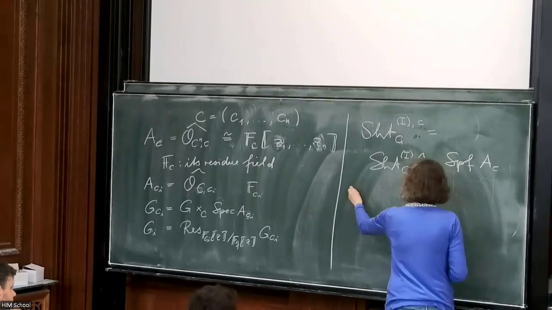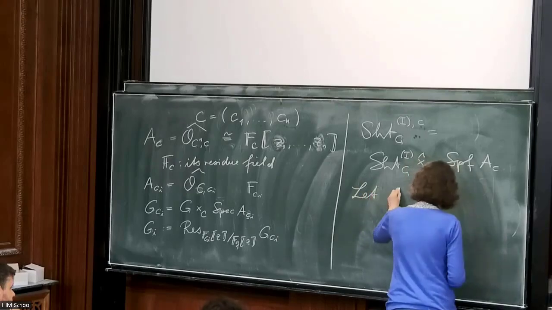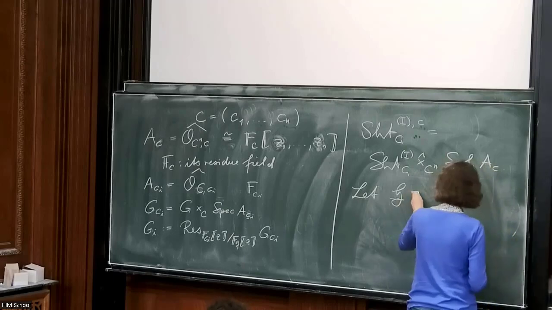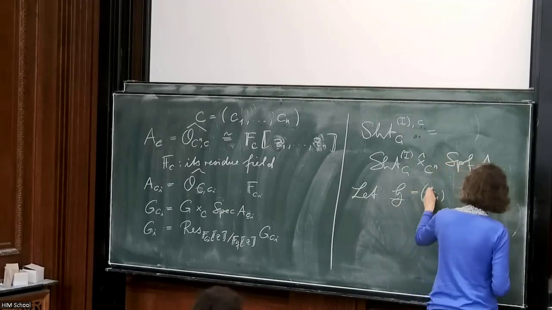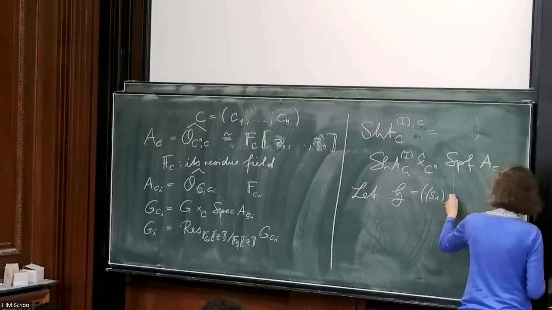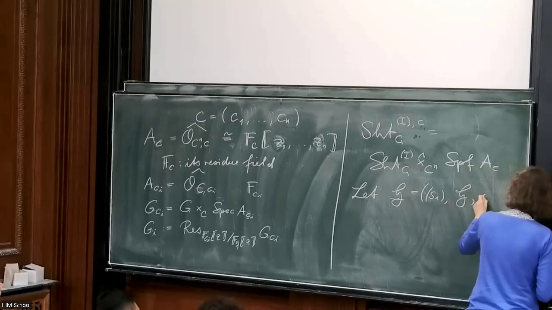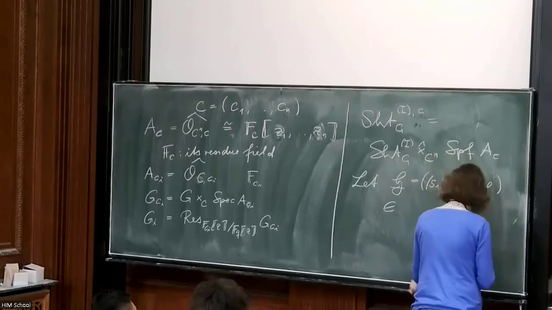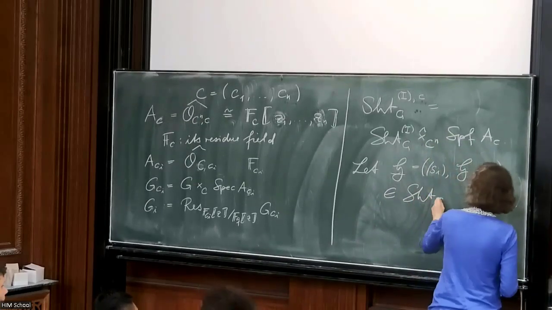Okay, and now I take an element in there, an S-valued point. So let G underline, this is such a tuple of SIs that are now in the formal neighborhoods of the CI, G, and phi, be an S-valued point of this formal completion.